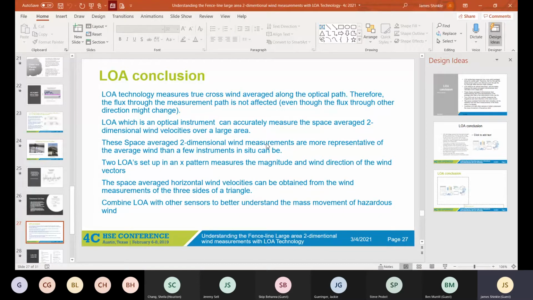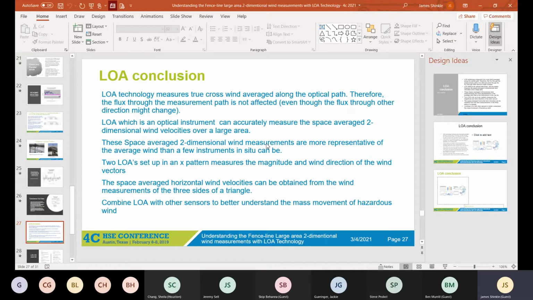These are more representative than a single point wind measurement. With a single point measurement, you're never going to be that accurate or understand what the wind is doing, because it may be bouncing off of a building and saying the wind's going this way or that way. With LOA, because it's path average, you're getting a spatially representative measurement of wind across that path.